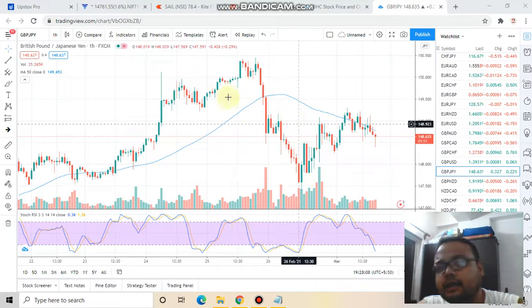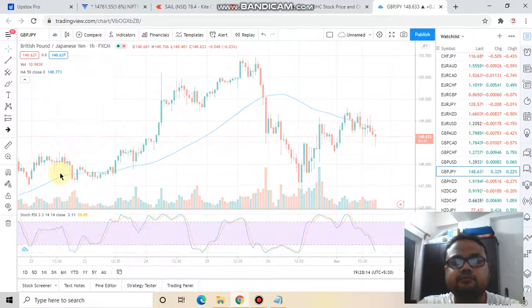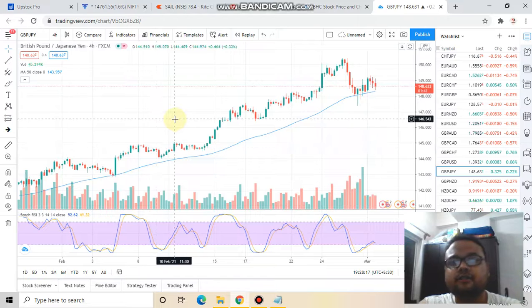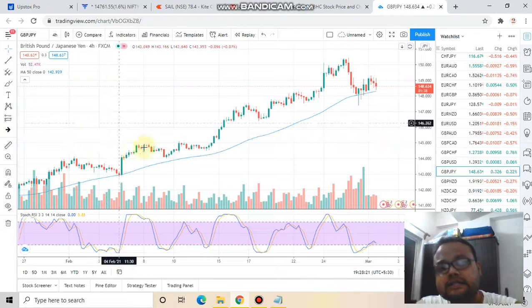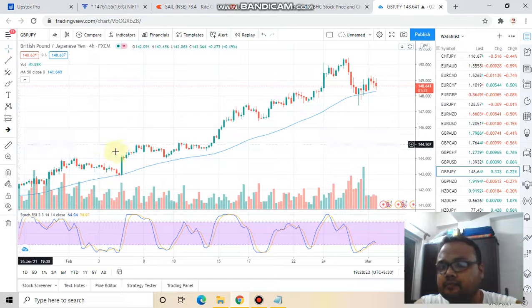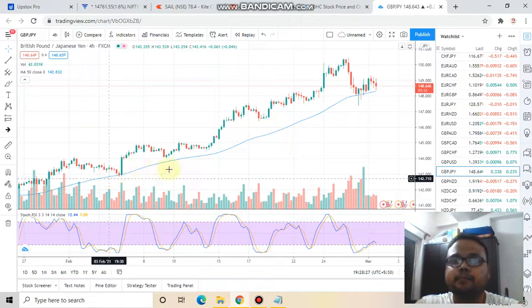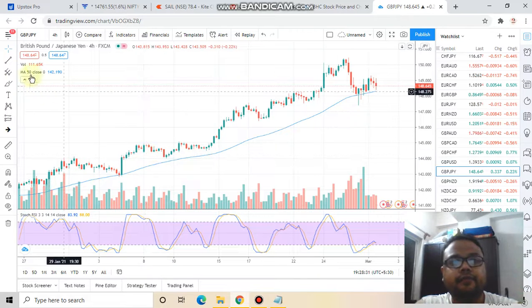So to get a clear picture, what we can do is switch to the 4 hour time frame. The 1 hour time frame was not convincing enough. But if we switch to the 4 hour time frame, we can see that yes, market is still in a good uptrend, and market is confidently following the support of the 50 period moving average.